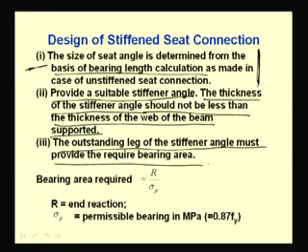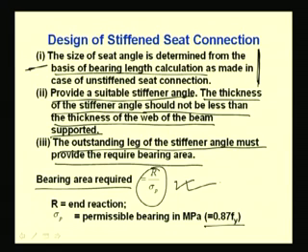So outstanding leg of the stiffener should be chosen in such a way that its area should be sufficient. The bearing area required is basically R by sigma P, where R is the end reaction and sigma P is the permissible bearing, which is 0.87 Fy. So from this I can find out the area required for bearing, and the area of the stiffener angle which I am going to provide must be more than this.